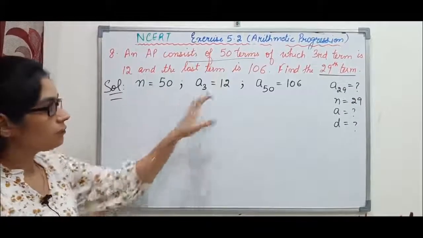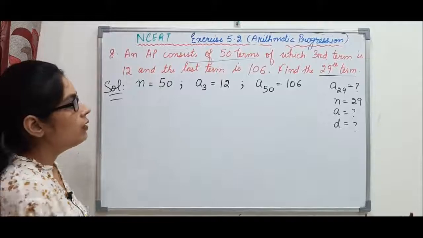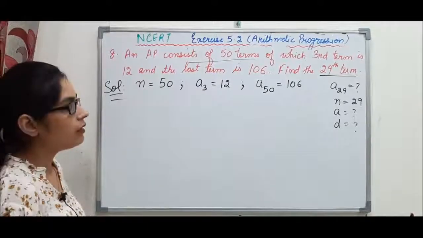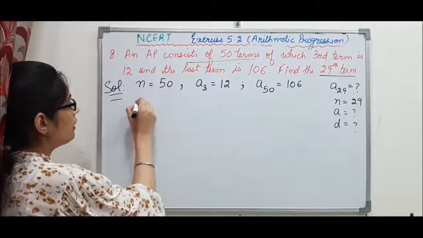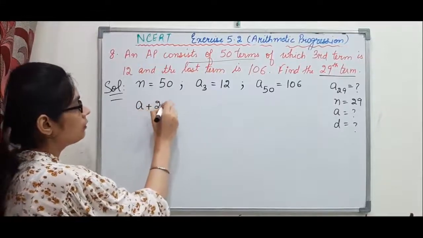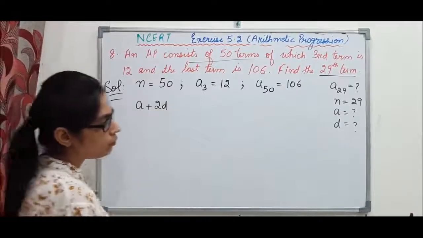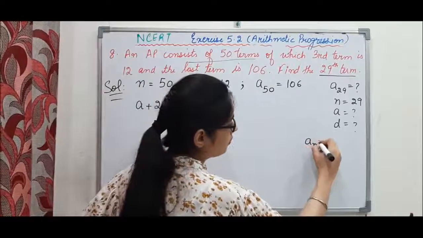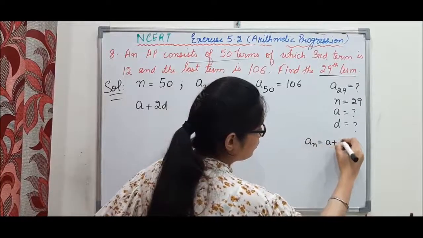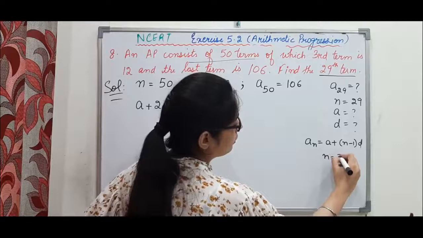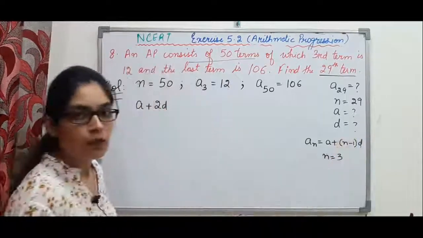Like we did in the previous question, first I will write the formula of A3. The third term's formula is A plus 2D. From the general formula, An is equal to A plus n minus 1 into D, for the third term n is 3, so 3 minus 1 gives 2.